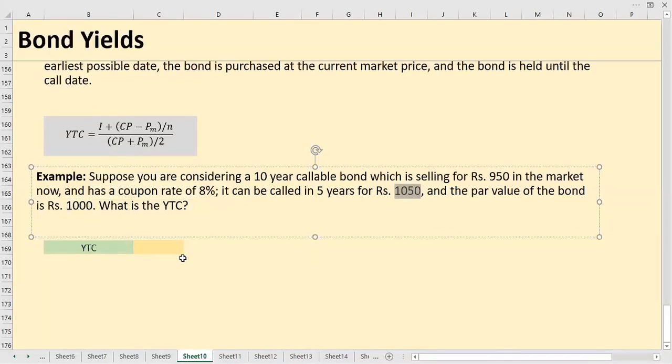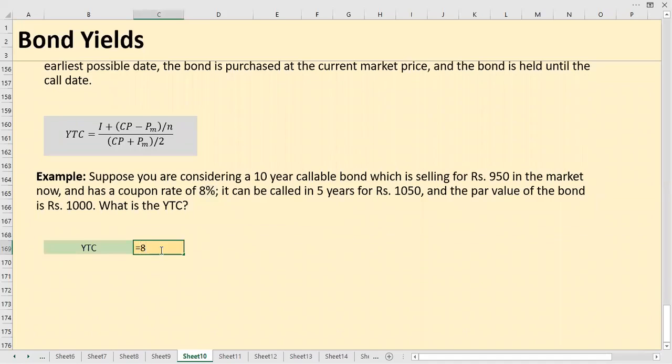There's nothing much here. All you have to do is calculate the values. Here the coupon rate is 8%, so 8% into 1,000 rupees. 1,000 rupees is the face value, the par value of the bond. 1,000 into 8% is equal to 80.